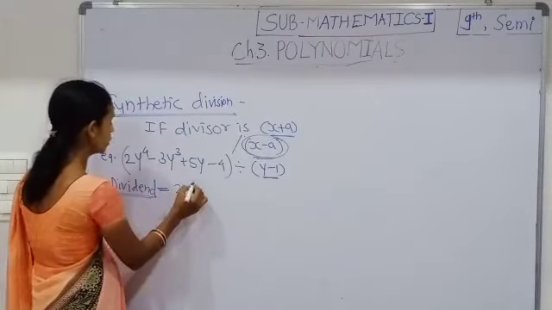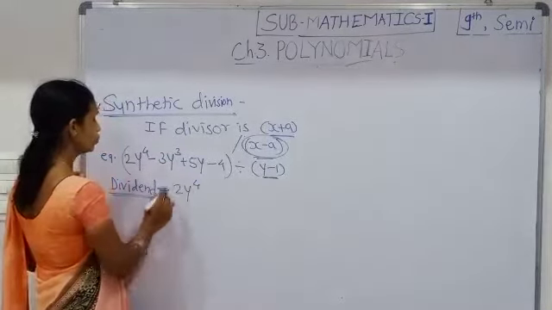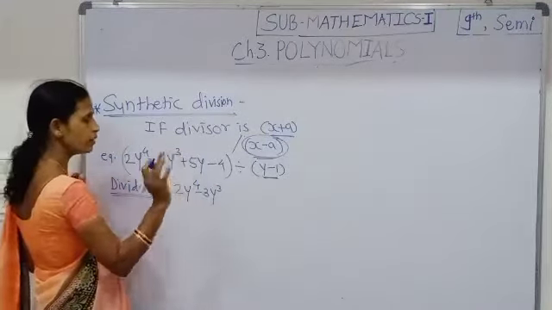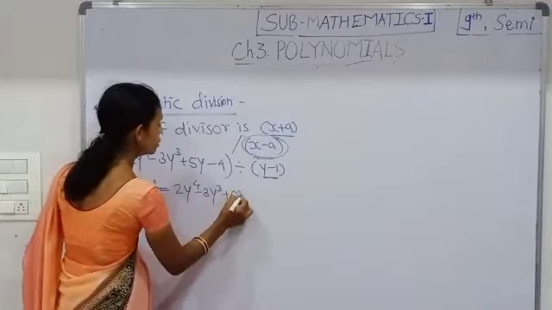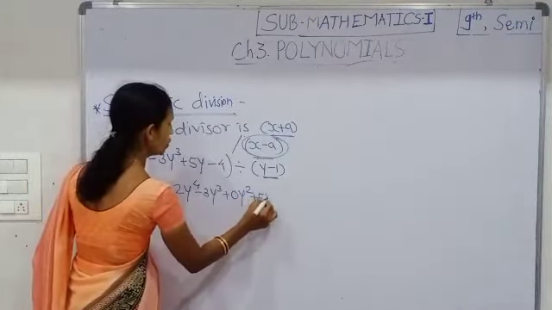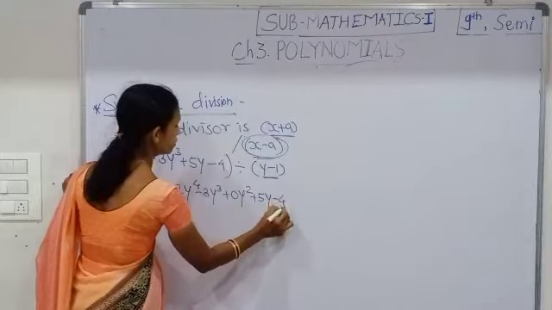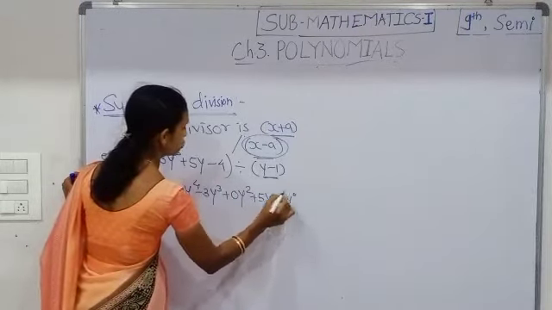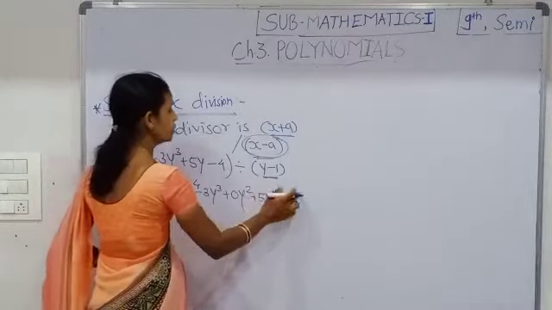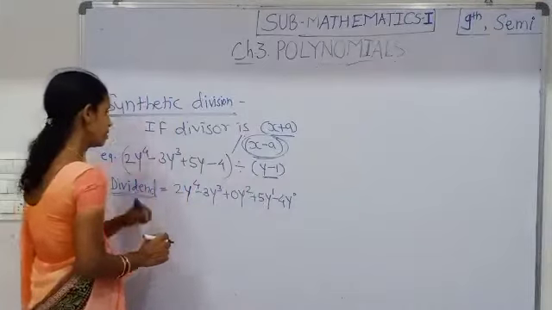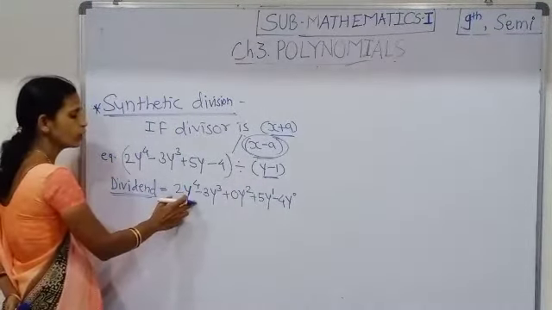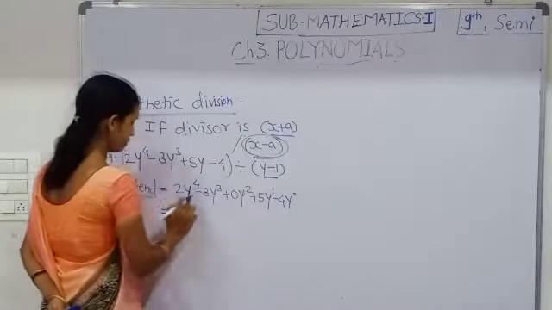Therefore we write 2y raised to 4 minus 3y cube. The quadratic term is not there, so we write 0y square. Then plus 5y, then minus 4y raised to 0. See here 4, 3, 2, 1, 0, all terms are there. Then we have to write the coefficient form of the dividend.